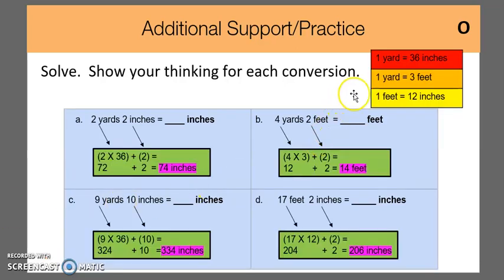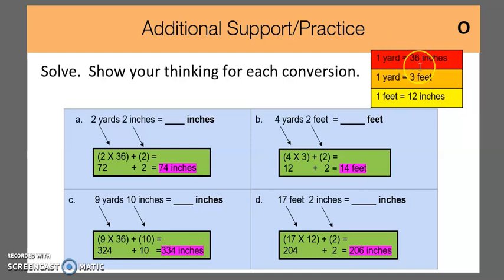Okay, so what I provided for you is 1 yard equals 36 inches, 1 yard equals 3 feet, and 1 foot equals 12 inches. So here we can look at one example. If we're converting yards to inches, we see that 2 yards, we bring down the 2, and we're going from yards to inches, so that means we're looking at 1 yard to inches.